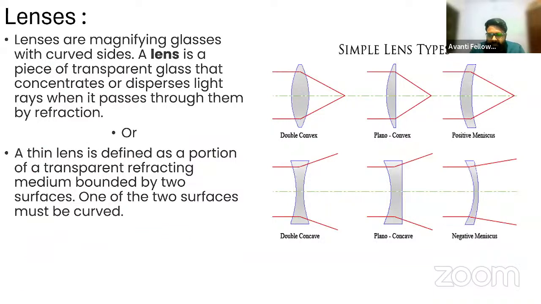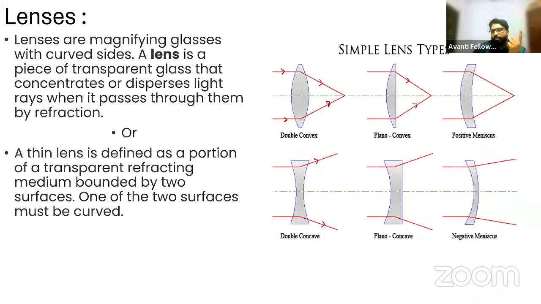So a lens is nothing but a magnifying glass, or we can say a transparent glass that concentrates light. If you see, this is the incident light. So what this piece of glass is doing is converging the rays, and it can also diverge the rays, so the rays diverge from each other.